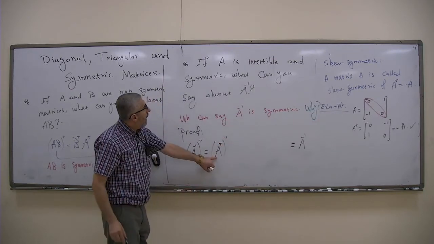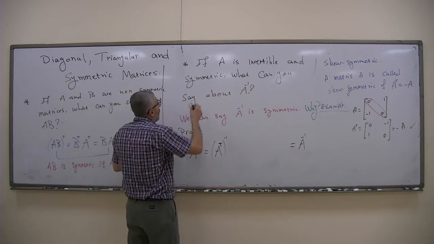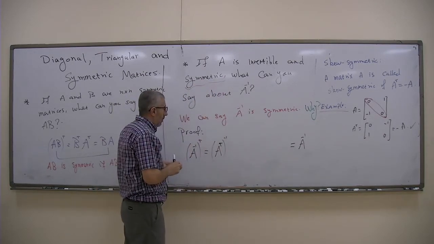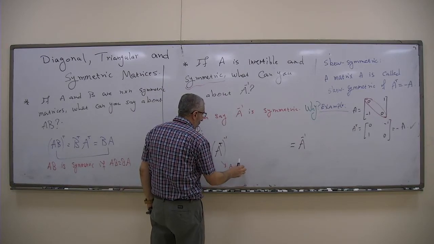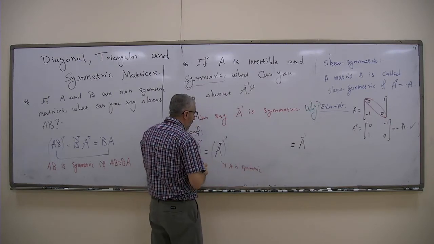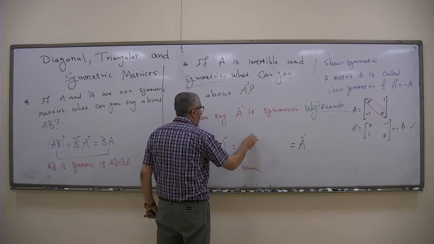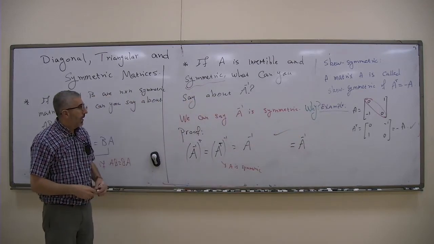Now, A is symmetric. Here, we are saying A is symmetric. So this means you are going to get A, and here is the inverse. Well, but that is what we want. That's it, done. Okay, look how simple that is.